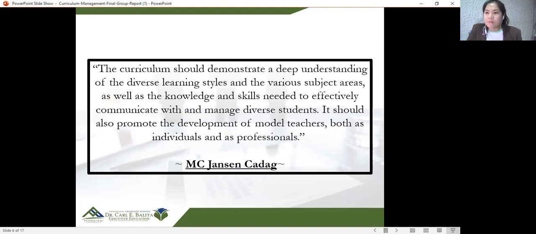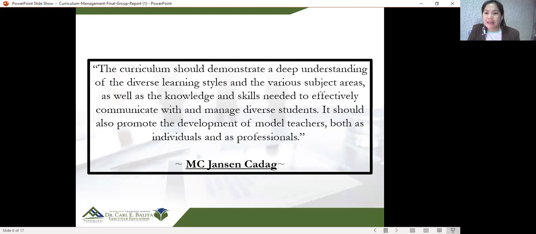For example, may student tayo na magaling sa gantong area, magaling sa English. Maybe we could ask the student to give us, or we are going to align our topics or our lessons with something related with language.